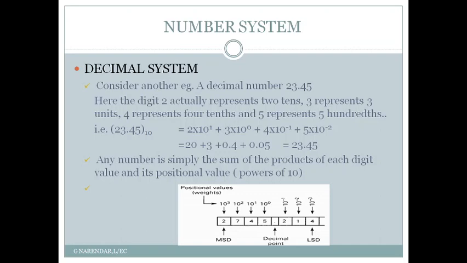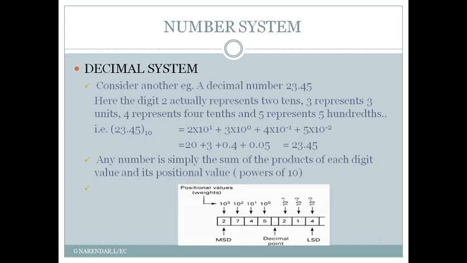So here you can see in the very small illustration the number is written as 2745.214, and the dot is called the decimal point, since we are now dealing with the decimal system, and the number is a decimal number, so the point is called a decimal point.